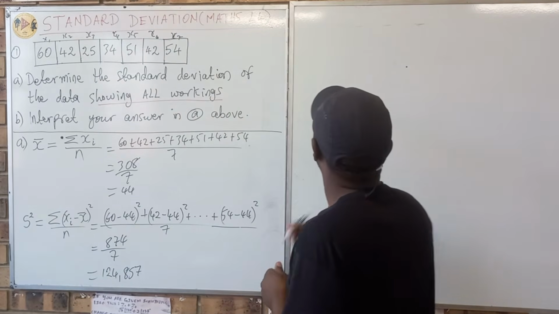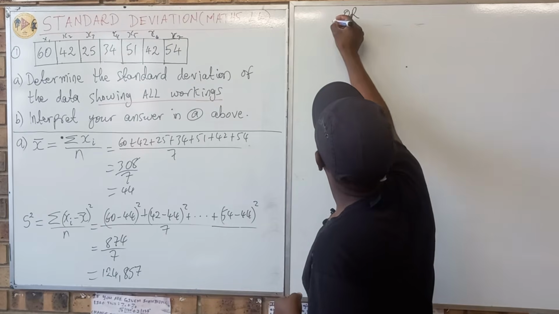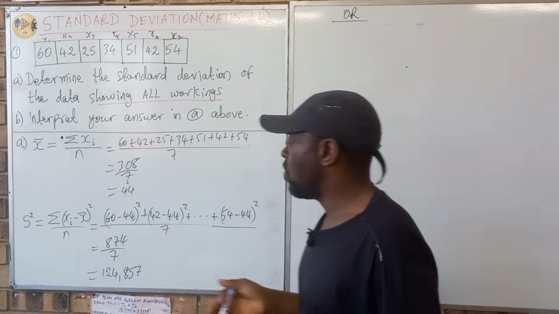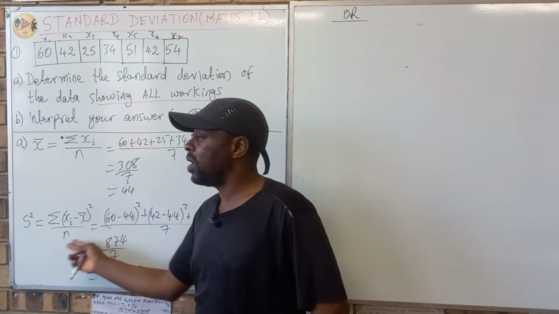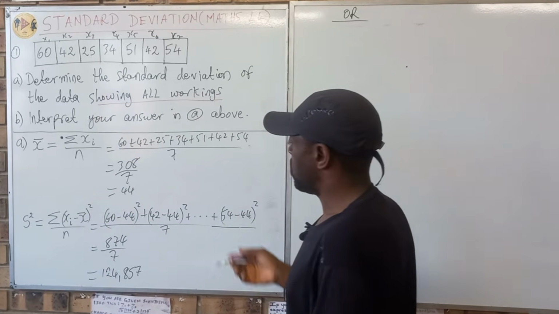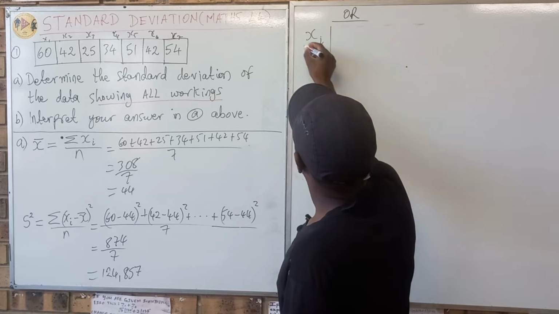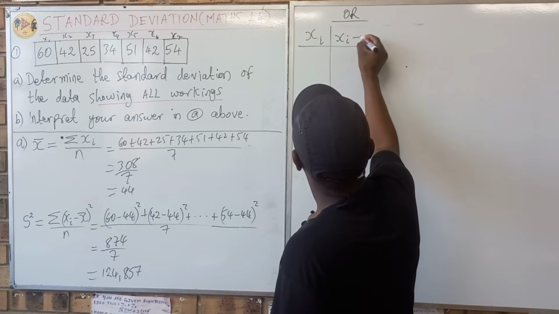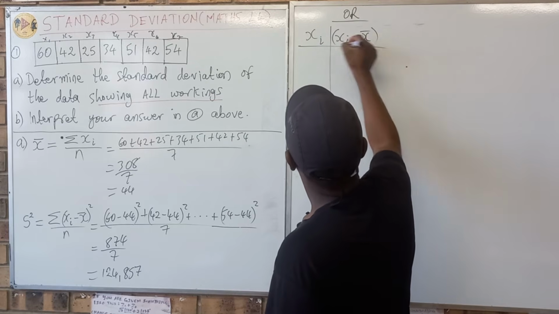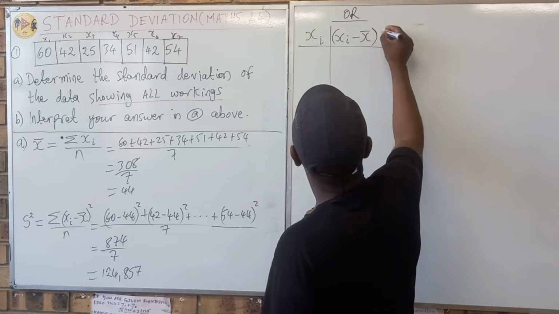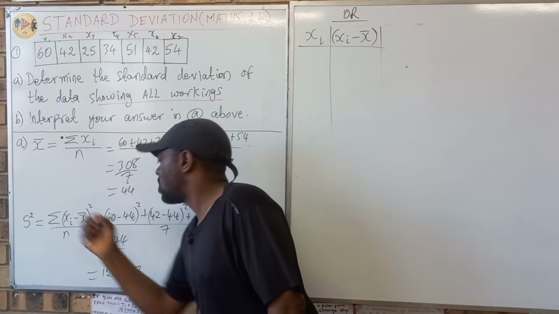There is also another option of calculating the variance. We call it the table method, where you look at the numerator of this formula and use it to create a table. I will have a table of 3 columns. The first column is my x values. The second is xi minus x bar, which means I'm now using that portion.